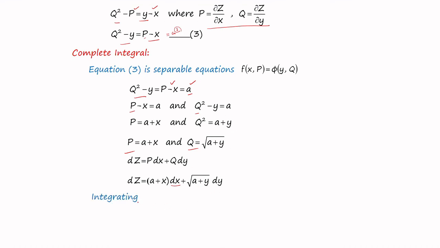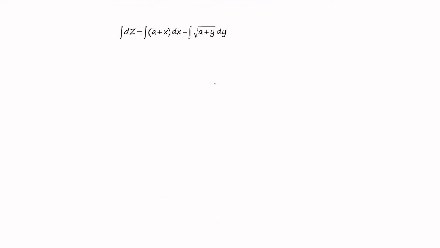Now you have to integrate this. Integral dz is equal to integral of (a plus x) dx plus integral of root of (a plus y) dy. Integral dz is equal to, a is constant, so a times integral dx is ax, plus integral x dx is x squared by 2, plus here we have to apply the x power n formula: integral of x power half dx is x power n plus 1 divided by n plus 1.